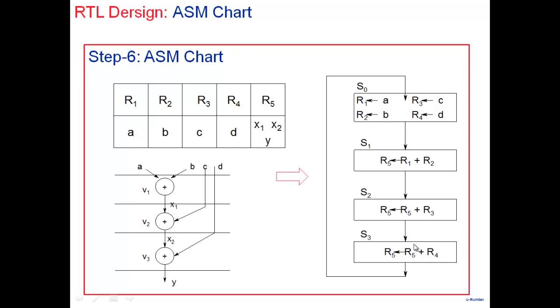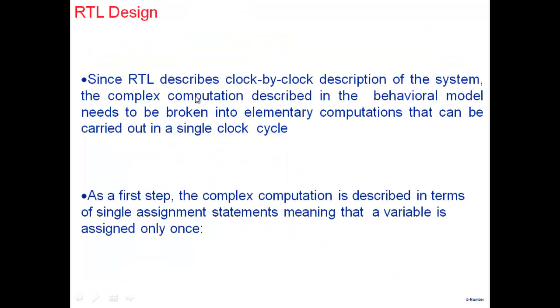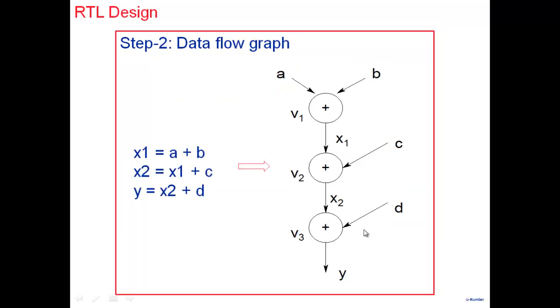All right. So what are the steps involved? Again, let's go back. Step number 1, break the computation into elementary computations, such that one variable is assigned only once, x1, x2. Every time you have to assign something else, introduce a new variable, x3 or x4. Next step, construct a data flow graph, just showing how the flow proceeds.